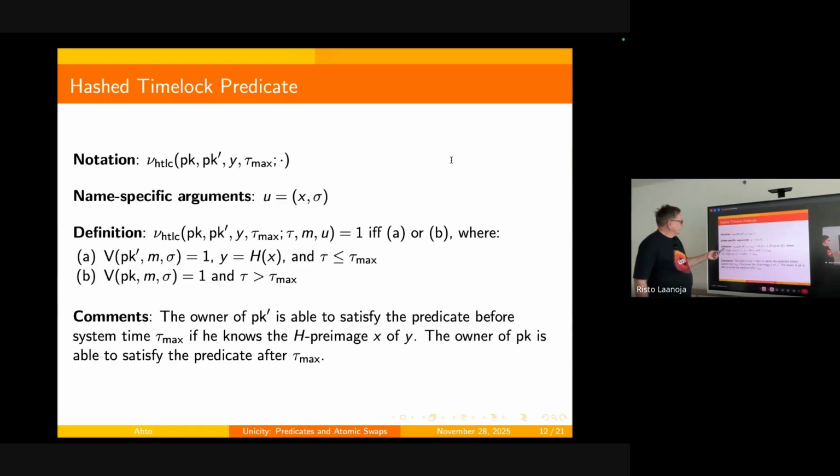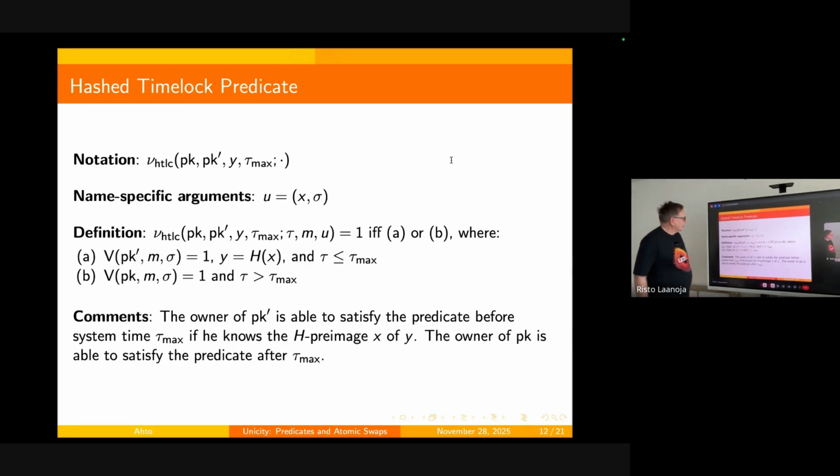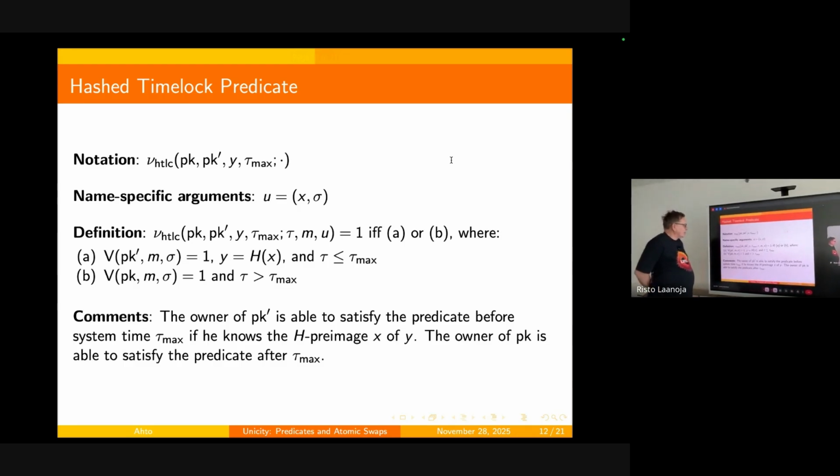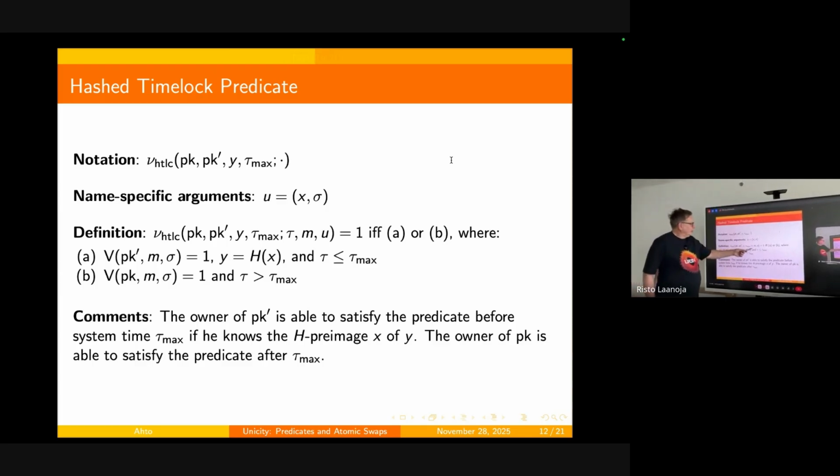And to satisfy the predicate, you have to present an X, a hash value, and a signature, and the predicate itself is defined in a way that it's true on 2 occasions, either occasion A or occasion B.